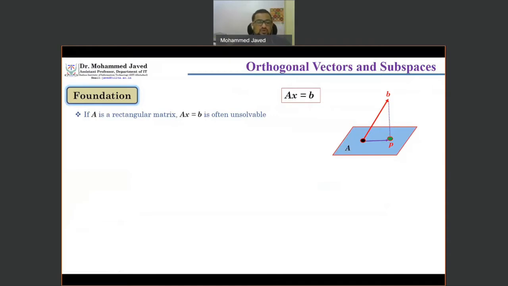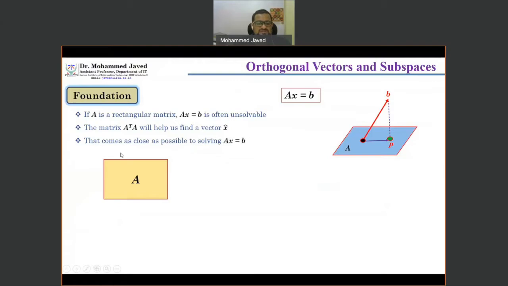In such a scenario, we would depend upon A transpose. So the matrix A transpose A will help us to find the vector x cap.